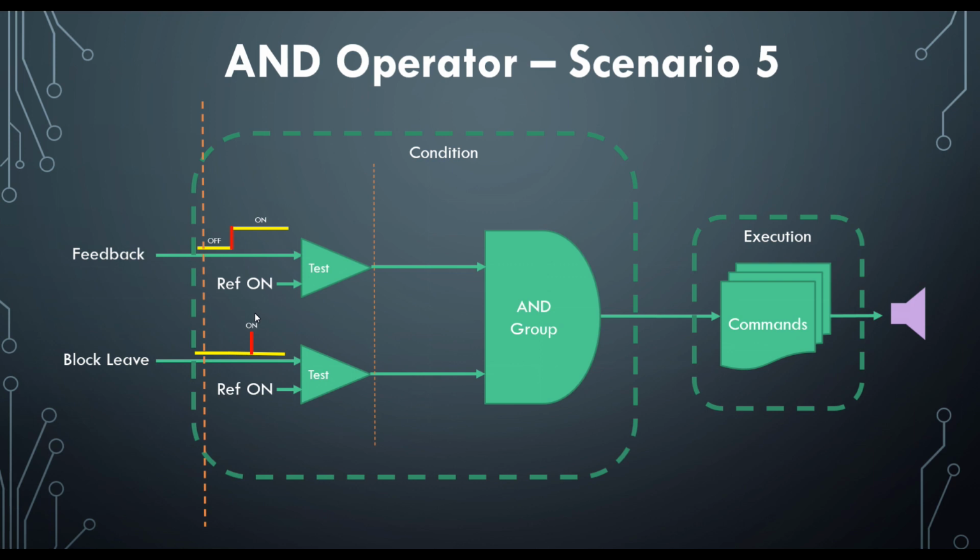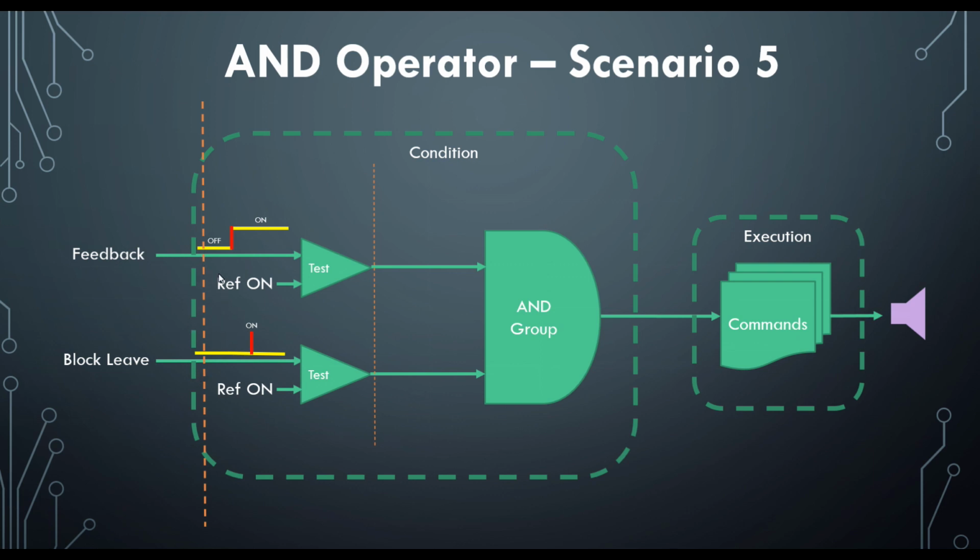We still approach it in the same way, so we first check to see what the reference states are. They're both the on state, so we know the only time that this would be able to execute is when they are both in the on states. And if we look at these waveforms, the only time that that would occur is here. So it looks like this will execute.